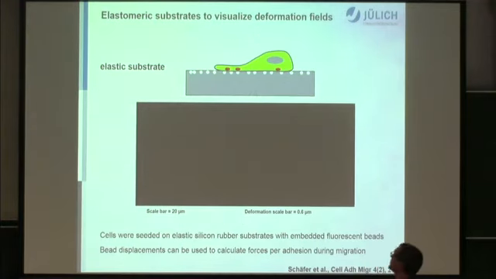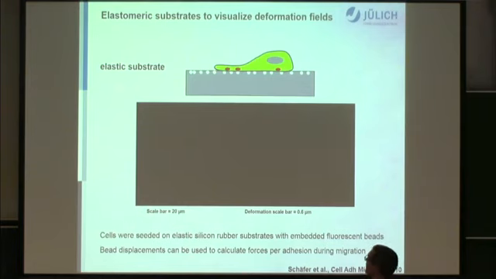In addition, if the model is really true, then you should also see a change in the forces applied to the surface depending on whether you have mature or immature focal adhesions. And as you have seen before, there are elastic substrates cells can grow on.